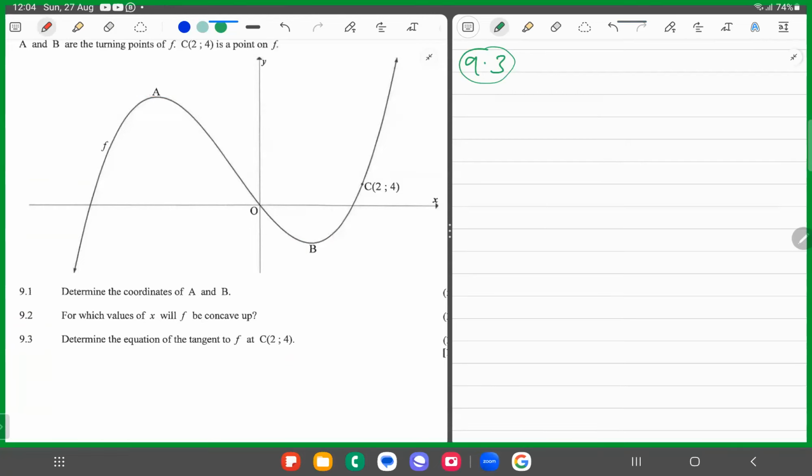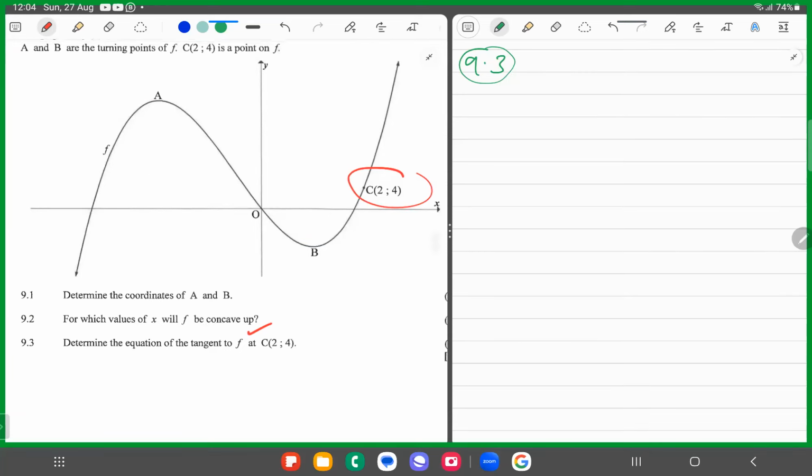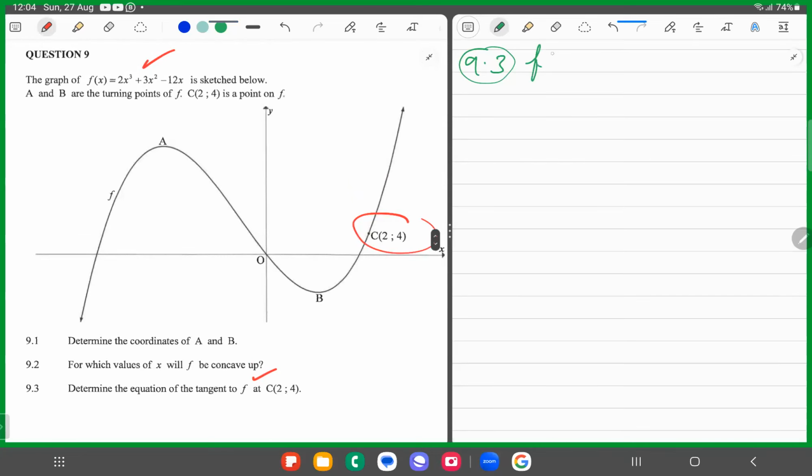Now, the equation of the tangent to f at c. So now you need to find the derivative of the function f. For the function f of x, the first derivative, what is it? 6x squared plus 6x minus 12.